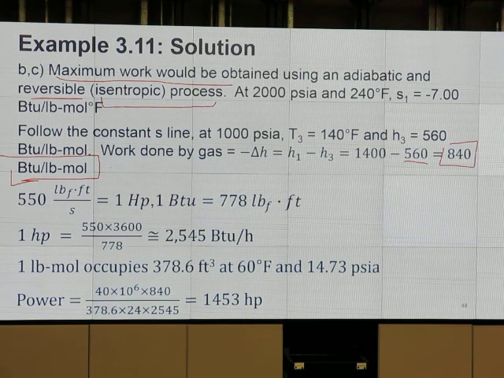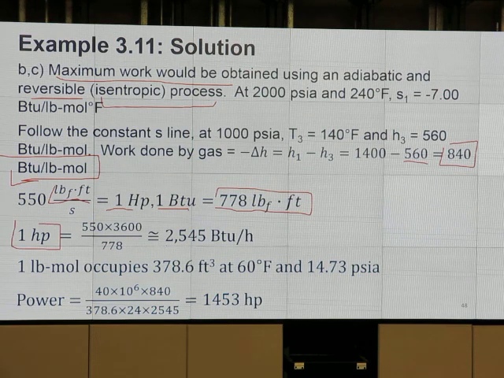I think we have gone through this already, did we? So we need to know the relationship between pound-foot per second and horsepower. So 550 pound-foot per second equals 1 horsepower. And 1 BTU is 778 pound-feet, right? So then we know 1 horsepower equals that much BTU per hour, 2500 something.